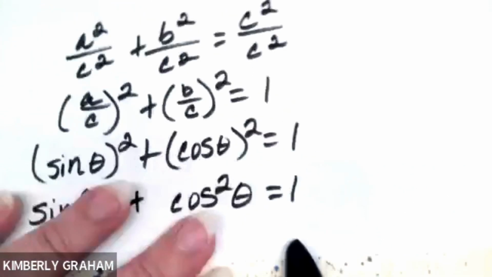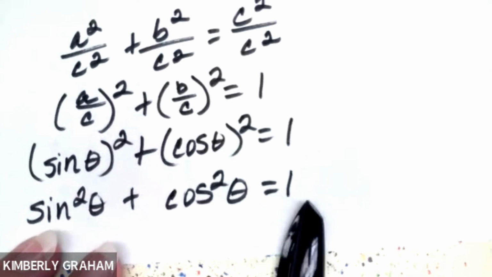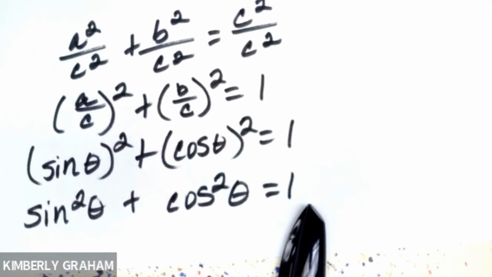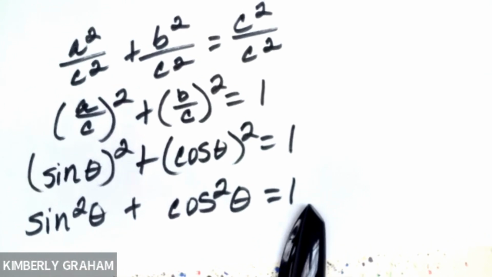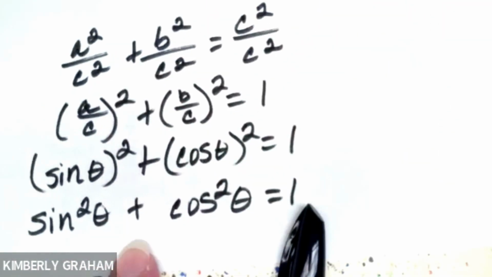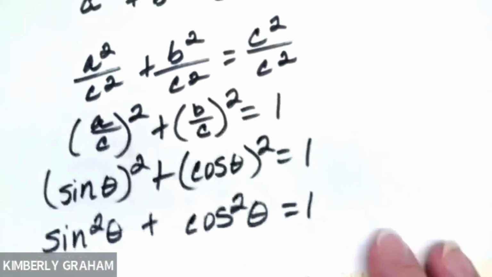And that formula right there, I suggest that you memorize that instead of having to go back to your reference sheet every time that you need it. The other two formulas, they're on your reference sheet, but you could easily get those other two formulas from this formula if you divide everything by sine squared or divide everything by cosine squared.